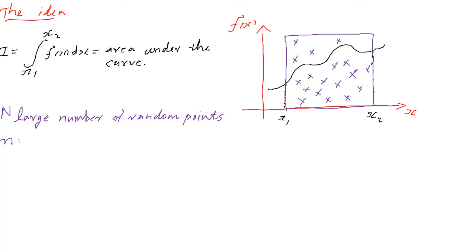Small n is the number of points inside the area of interest.